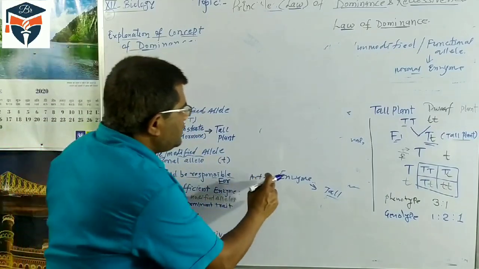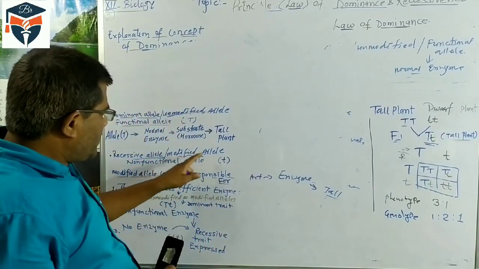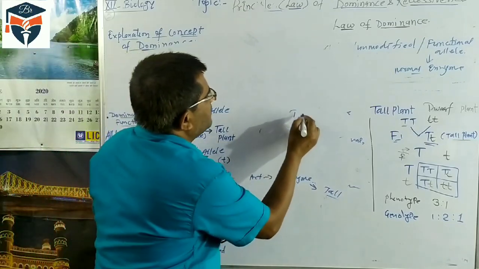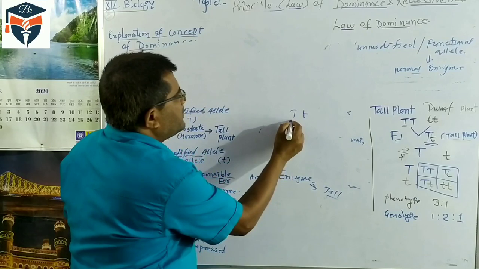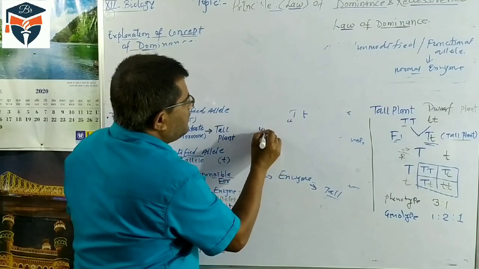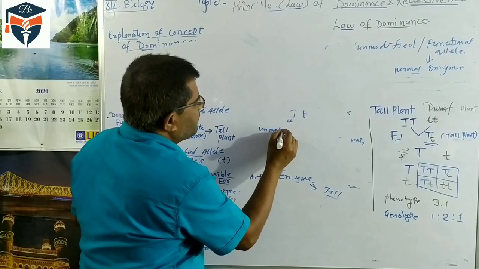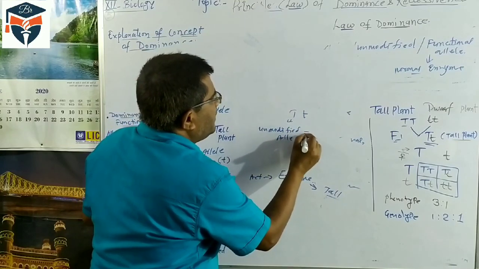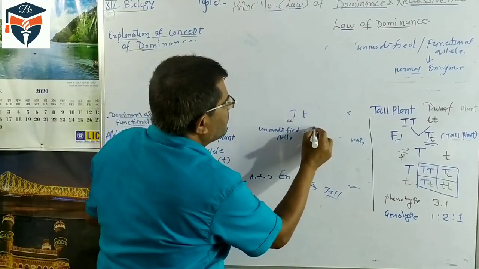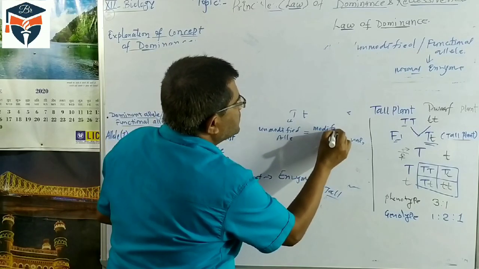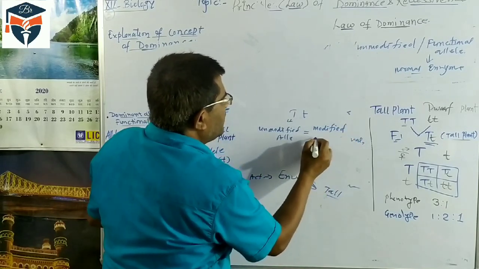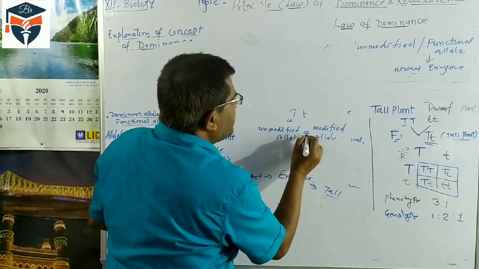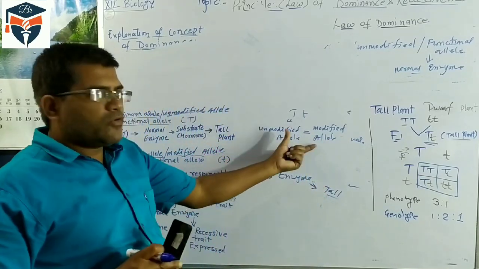It means in this case the modified and unmodified alleles, that is capital T and small t, where capital T, I told you, is the unmodified allele and small t the modified allele, are in equilibrium in the same quantity.